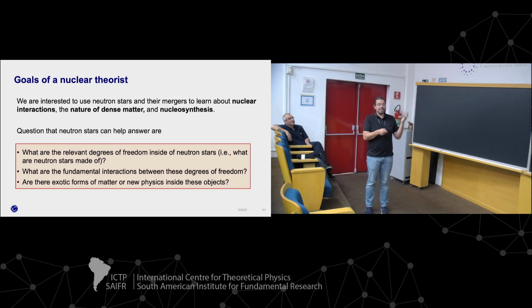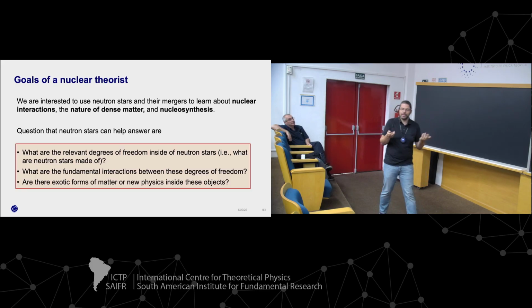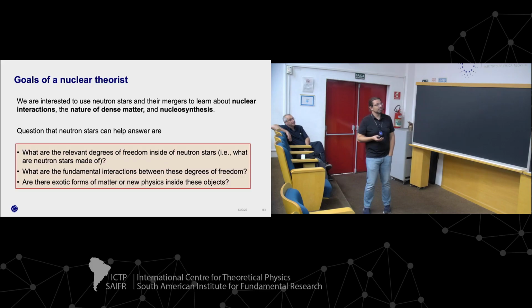That's the densest system. So if we have exotic matter, free quarks, quark matter somewhere in the universe, it will be in the core of a neutron star. And then we can use the properties of neutron stars, as you will see, to determine the interactions between these degrees of freedom.